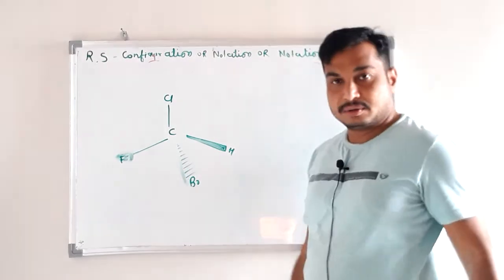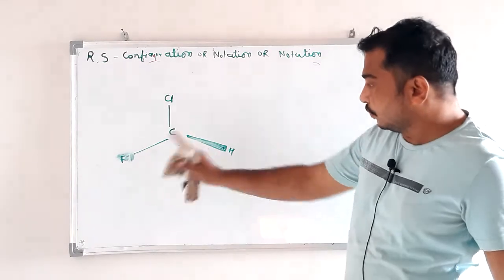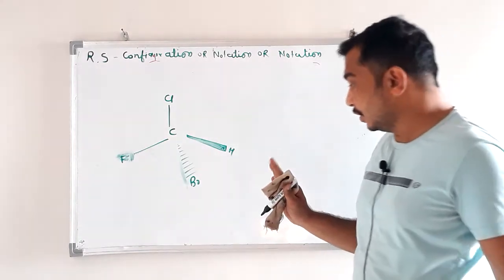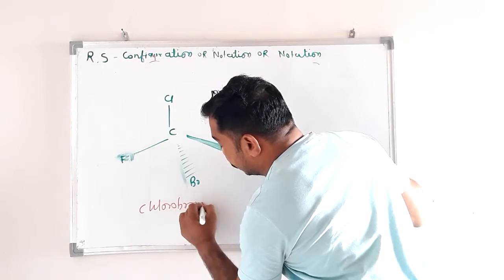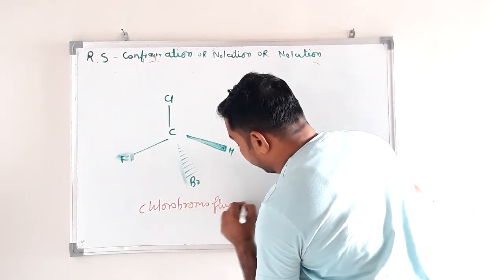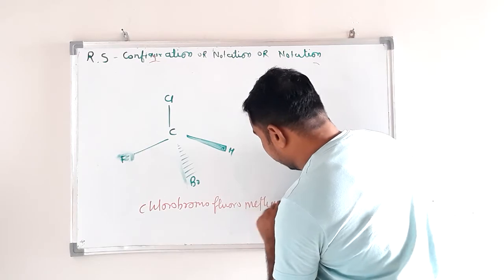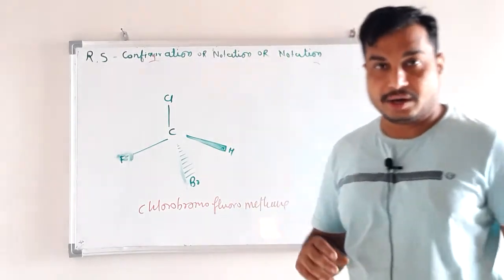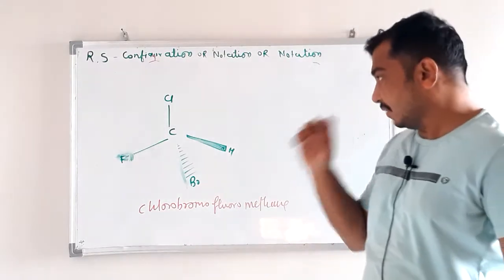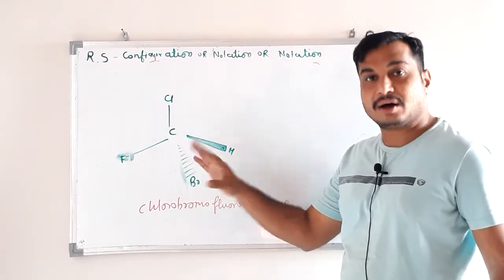For this compound, chlorobromofluoromethane, the name of the compound is chlorobromofluoromethane. Now to this compound we have to give RS notation or RS configuration. We have to identify whether this compound is R or S.